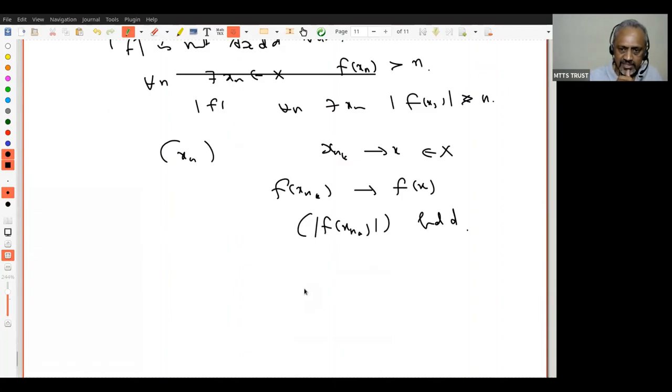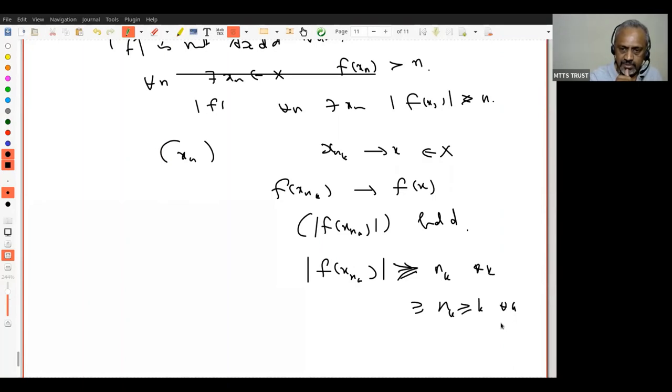But that's a contradiction, because mod f(x_{n_k}) by our construction is greater than or equal to n_k for each k. Remember, n_k is greater than or equal to k for each k. Therefore, mod f(x_{n_k}) is greater than or equal to k for each k. Therefore, if it converges, this cannot be bounded. You understand? Right. Next.